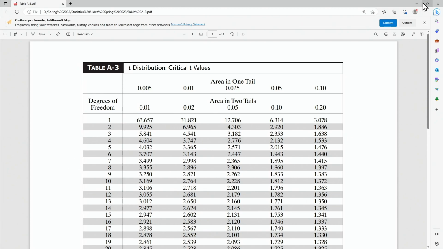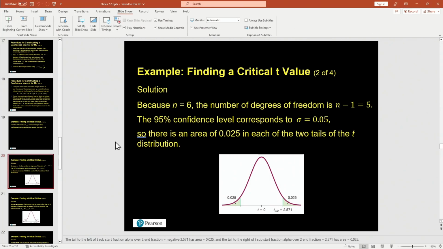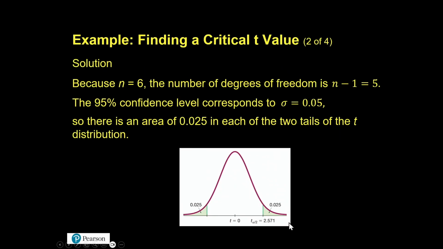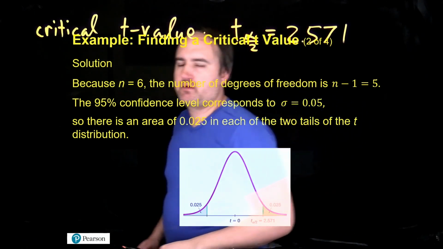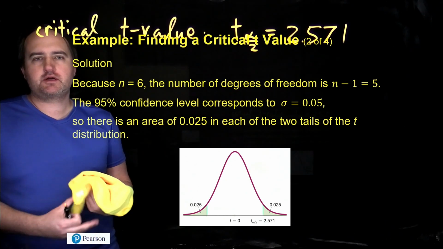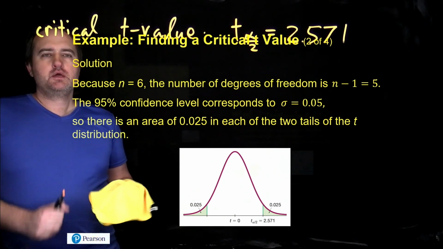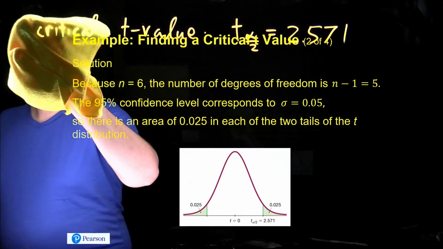Okay, so if you want to be more accurate, you can use a computer or technology, but like I said, I like to show people how to do it without using anything besides a table. I know it's a little bit old-fashioned, but that's just how I like to teach. Okay. But you're certainly welcome to use technology. I just feel like technology often takes the fun out of things. So anyway, our critical t-value was 2.571.